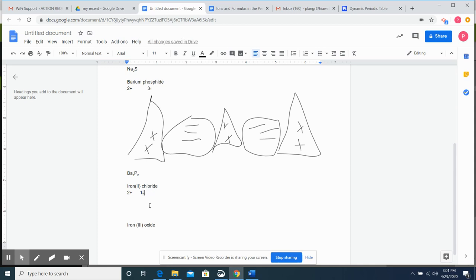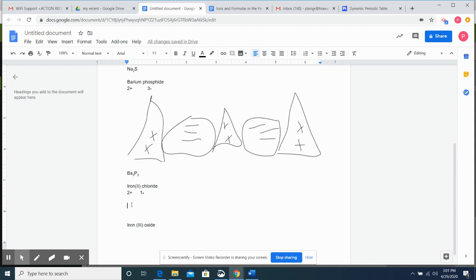All right, now, none of this tells you the formula, but can I figure out what the formula should be for that one? Well, iron is a 2+ charge and chloride's a -1. For those to equal out, I'm going to need 2 chlorides, 2 1- charges, to equal out the 2+ charge here.